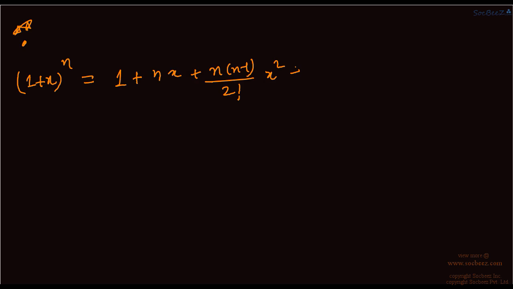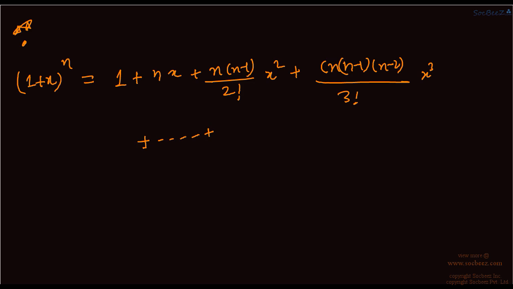Now, the next will be the binomial theorem for negative integers or fractional indices. This is also important, so I'm going to write it with another color. The expansion of (1 plus x) to the power n is equal to 1 plus nx plus n(n minus 1) by 2 factorial x square plus n(n minus 1)(n minus 2) by, of course, 3 factorial x cube.